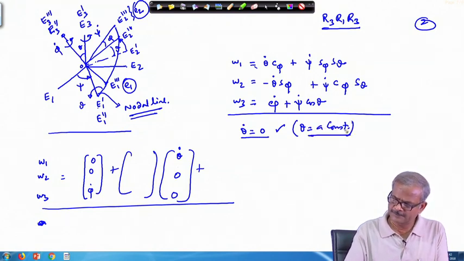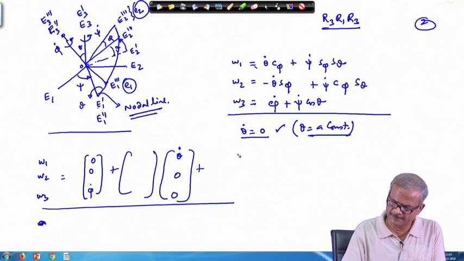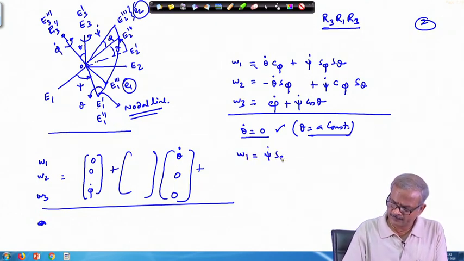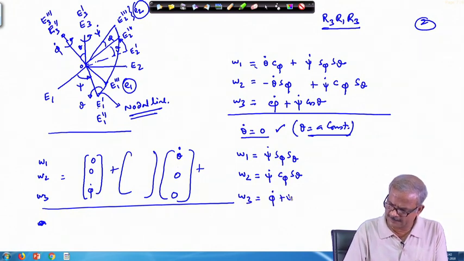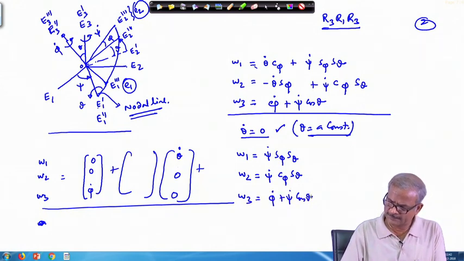So, if we use this information, omega 1 gets reduced to psi dot sin phi sin theta. Omega 2 gets reduced to only psi dot cos phi sin theta, and omega 3 remains as it is, phi dot plus psi dot cos theta.